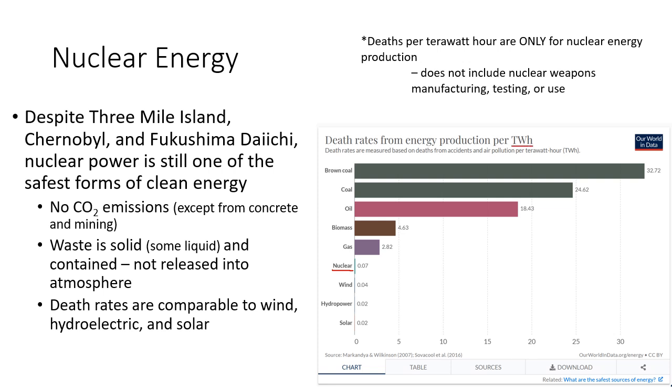So if we're looking at death rates per terawatt hour, we've generated a ton of electricity, and that death toll is only 0.07 deaths per terawatt hour. So it's been working operationally in thousands of plants, maybe hundreds of plants worldwide, and we only have to talk about three accidents, three that really shook the industry.